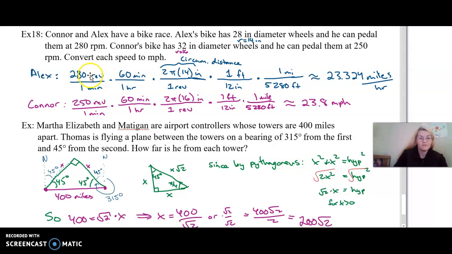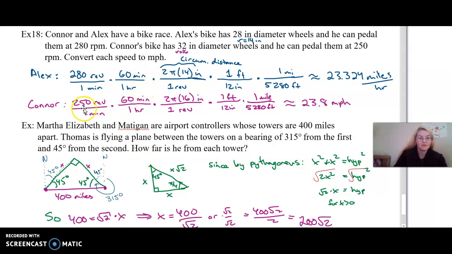One revolution is going to give you a distance of the circumference, which is 2 pi r, right? So 2 pi times 14 inches. 12 inches are in a foot, 5,280 feet are in a mile. Punch all that into your calculator and you're going to get 23.324 miles per hour. You'll see that that's the only miles because feet cancels, inches cancel, revolutions cancel, minutes cancel, and hours are the only units left.